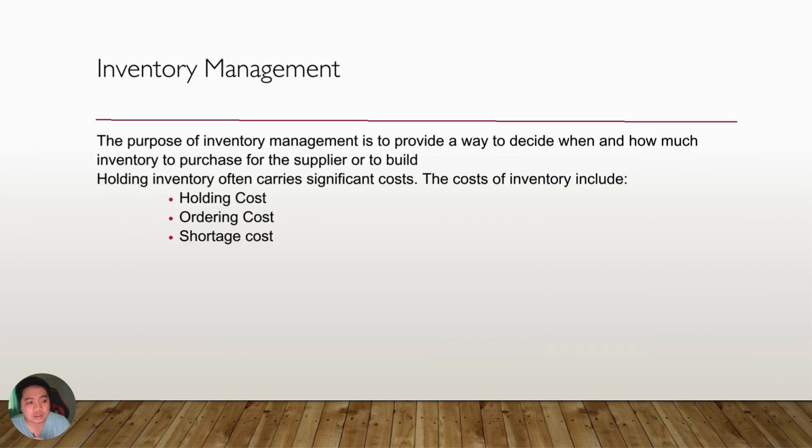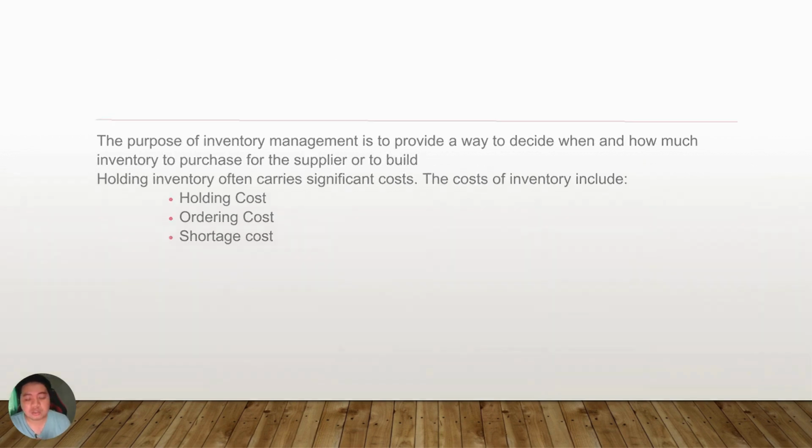Holding inventory often carries significant cost. The cost includes holding cost, ordering cost, and shortage cost. This will be added to the price of that inventory later on for product costing.